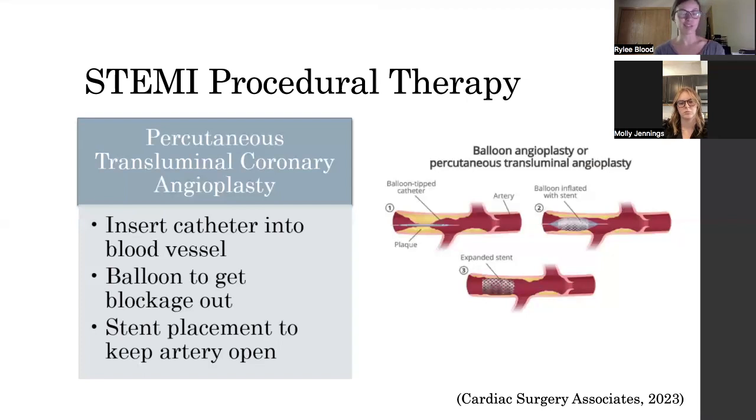A stent is also usually placed. You can see there, it just helps keep the artery open. This is also completed in the cardiac catheterization lab, usually takes about 1 to 2 hours to complete, and this is the less invasive procedural therapy that is performed.